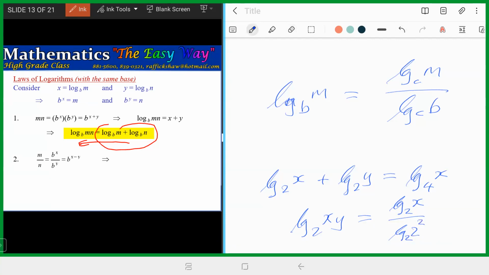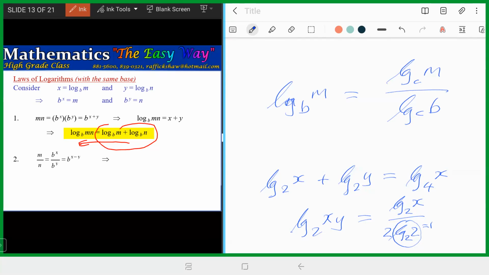And then what do we say? We say this 2 can come to the front. I'm going to put that at the front. And then log of 2 to base 2 is equal to what? Equal to 1. Log of a number to its own base is equal to 1. Why is that? Because 2 is equal to 2 to the 1.